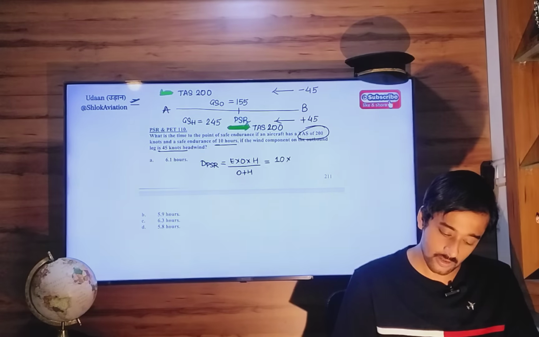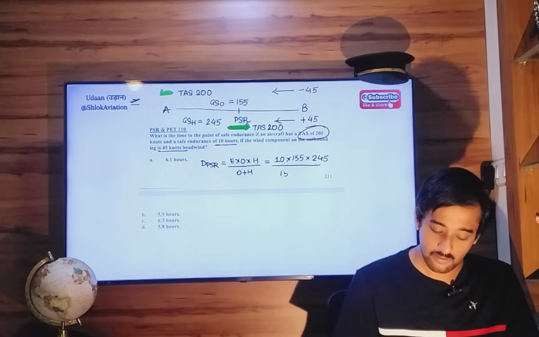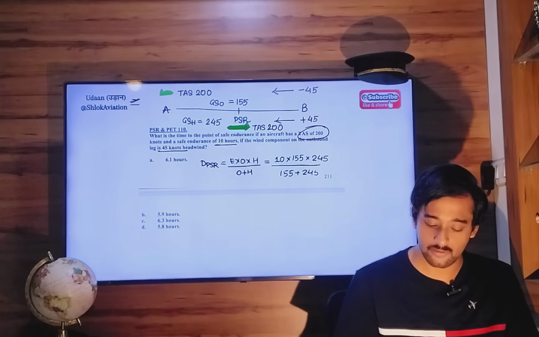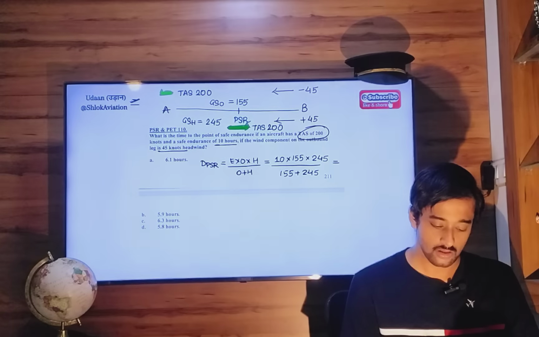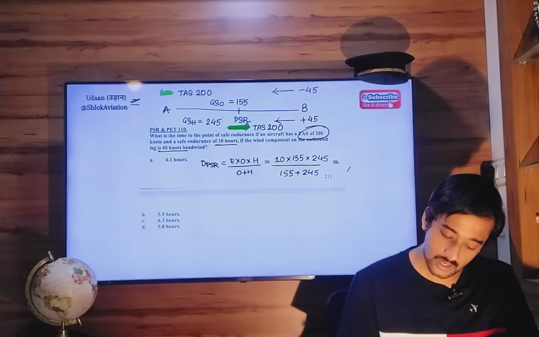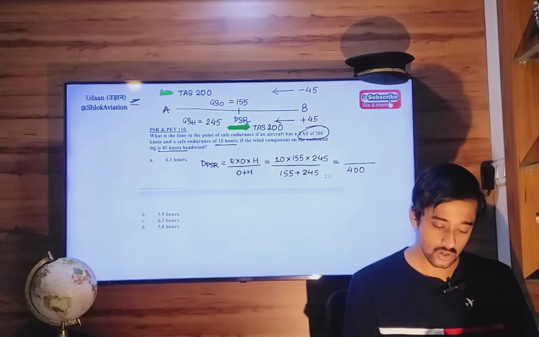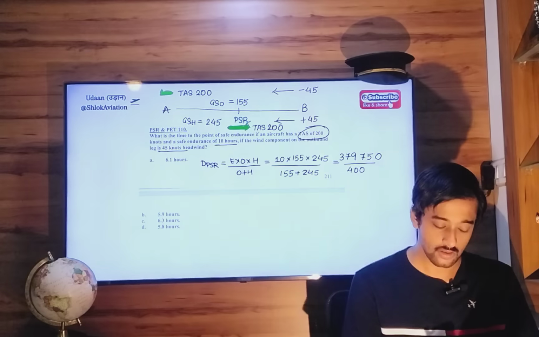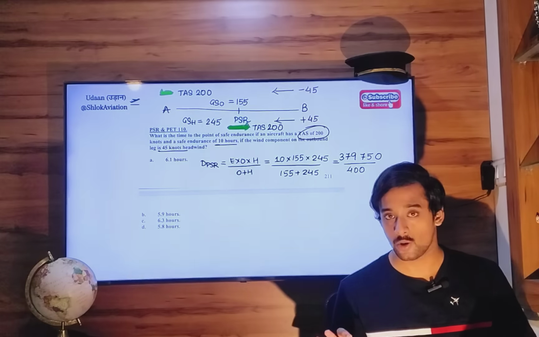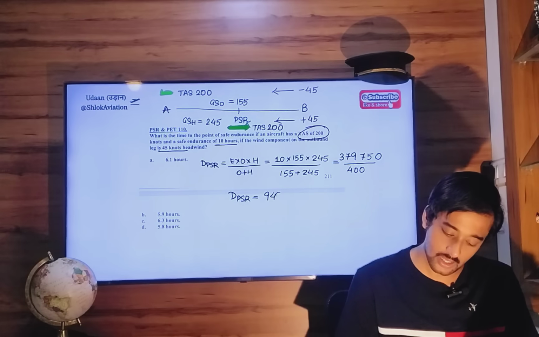So 10 into 155 into 245 divided by 155 plus 245, which is 400. Numerator 10 into 155 into 245 is 379,750. That is equal to 949 nautical miles.